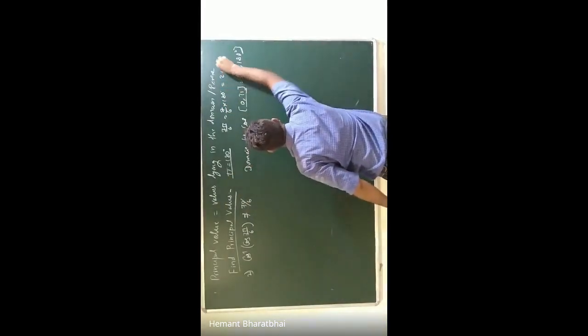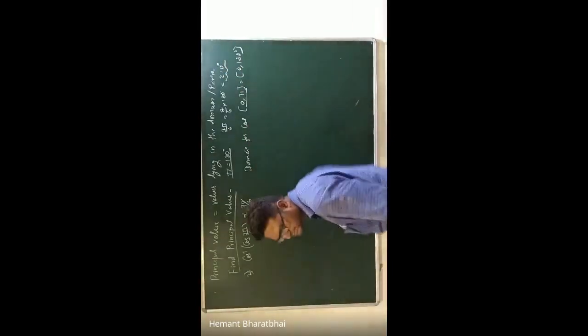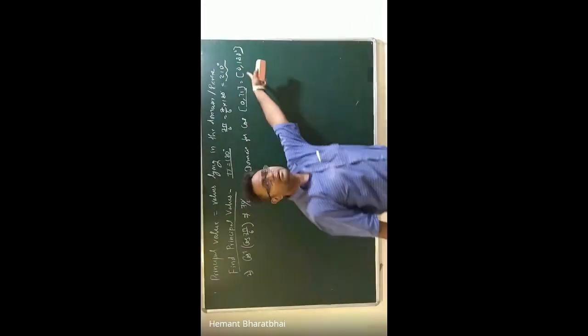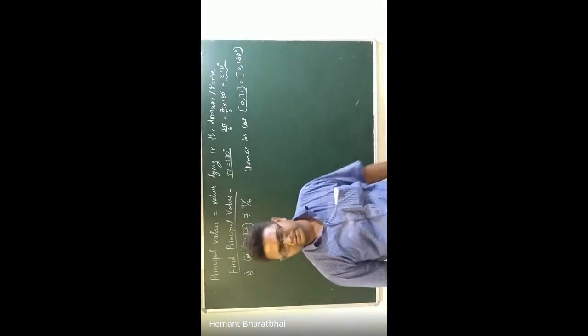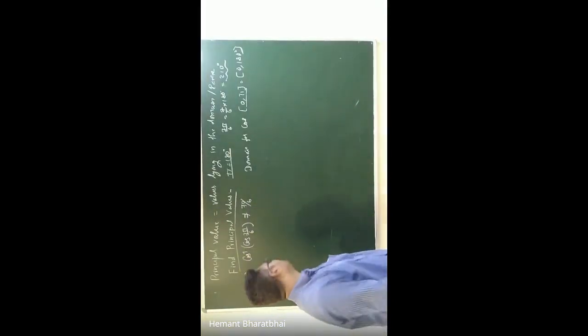So 6 ones are 6, 6 threes are 18, that is 210 degrees. So 210 is not lying in this domain, so I cannot write cos inverse of cos as the angle itself.